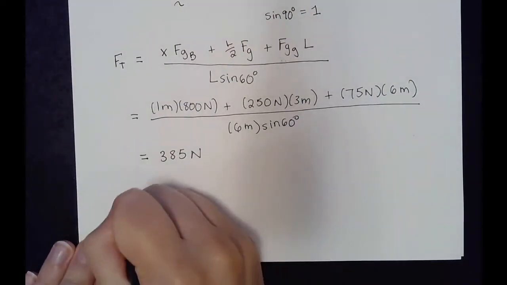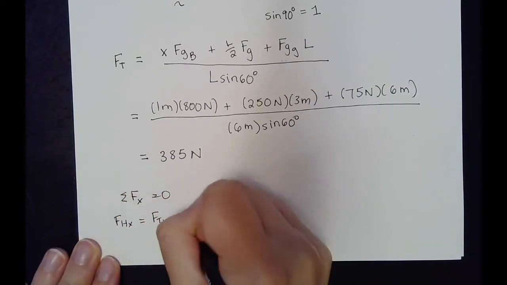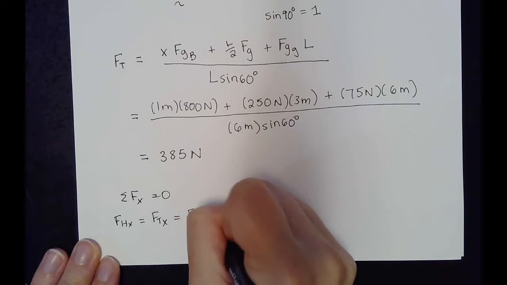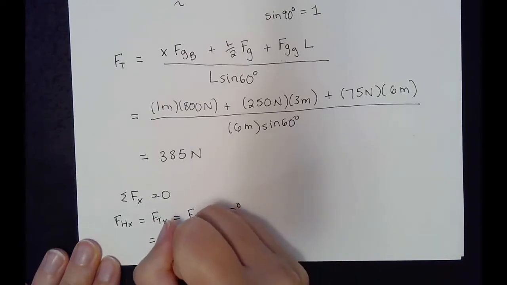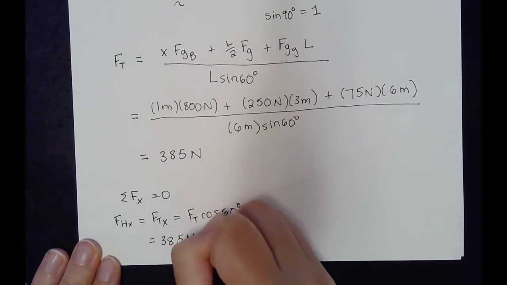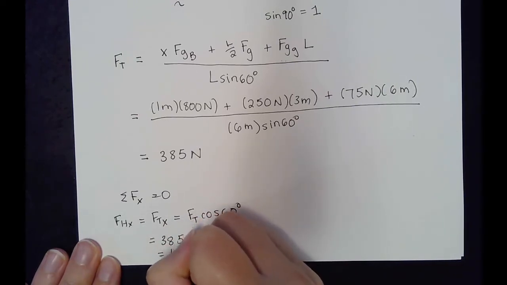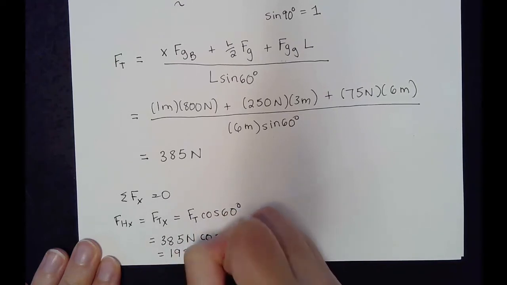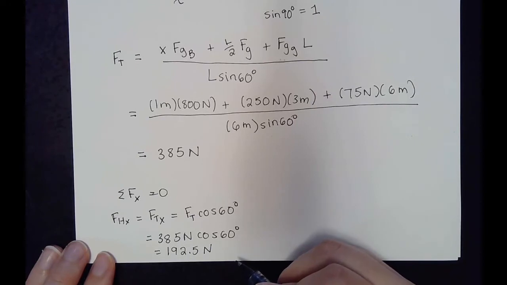So this means that the hinge force is equal to FTX, which will be Ft cos 60. So this is 385 newtons cos 60, which is 192.5 newtons. That's the x component of the reaction force in the hinge.